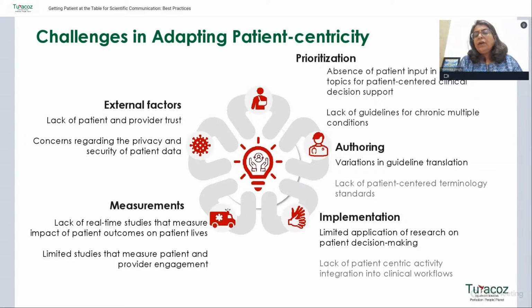Obviously, there is also a lack of guidelines, which comes in between, where sometimes there is information we cannot share with the patient, or cannot put on a public platform because of patient confidentiality. So there are different aspects. Variations in guideline translation. When we talk of patients, they may be from so many different languages. And then there is a lack of patient-centered terminology standards.